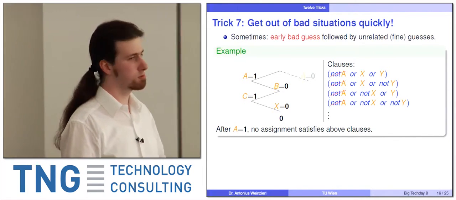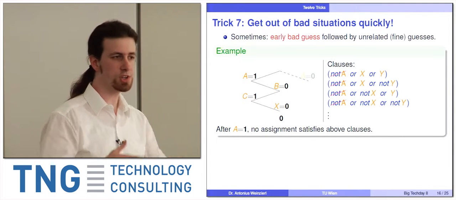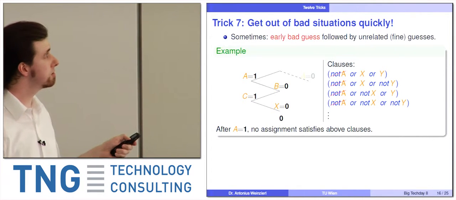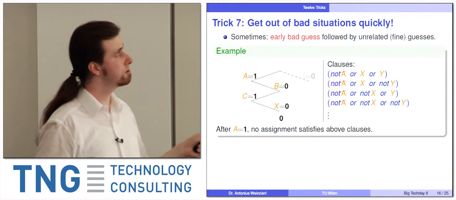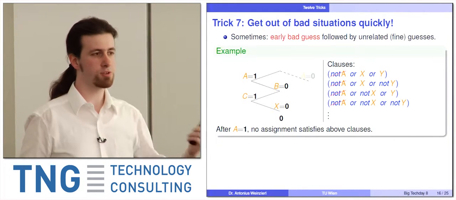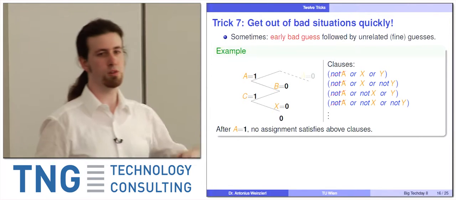But if we now do the traditional backtracking, so we are down here in the tree, for X is 0, it failed, so we try X is 1, it will also fail.